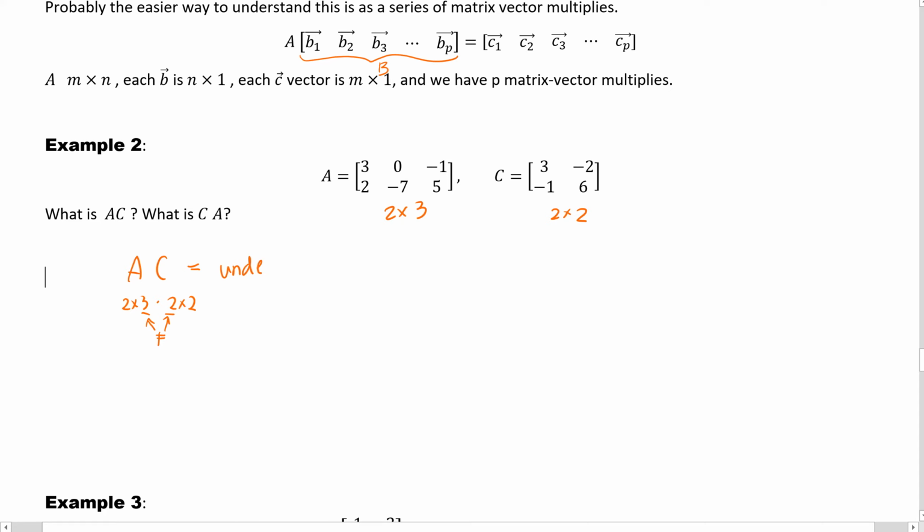Then we say this is undefined. Okay, next, CA. Well, C is 2 by 2, A is 2 by 3. You can see the inner dimensions match. So this is defined. Okay, so let me copy it down here and show you how to calculate.